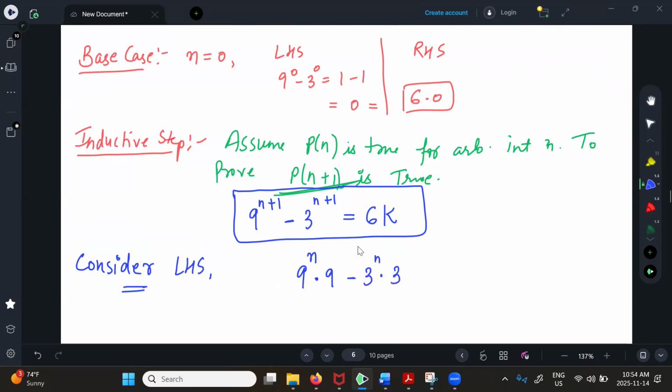Okay, that's the very logical step, right? If you get an equation like this, there could be a different number, 5k, 7k, doesn't matter. But this is what we're trying to prove. If you have n plus 1, which is very likely, you start with the left-hand side and break it up. Now, there are many ways to prove this.